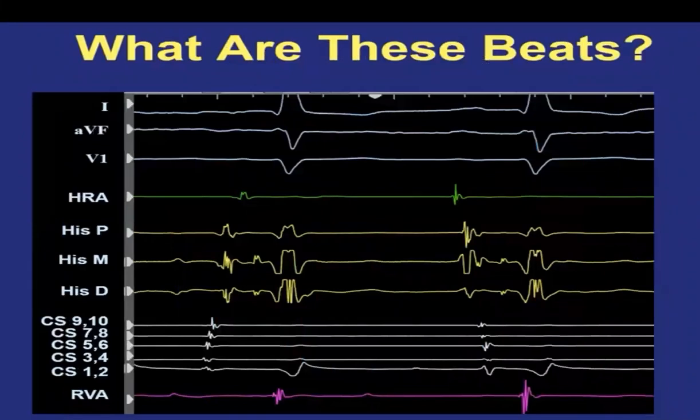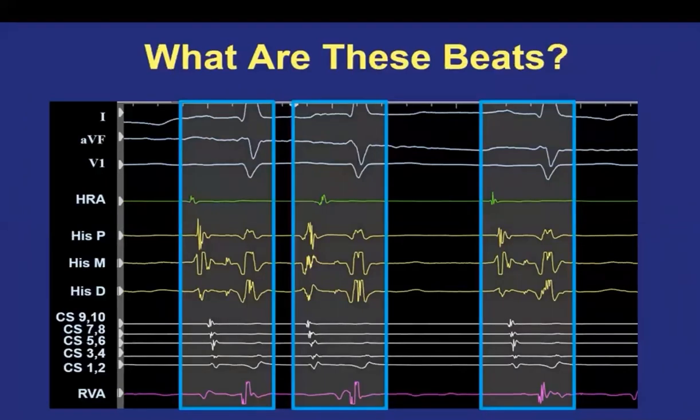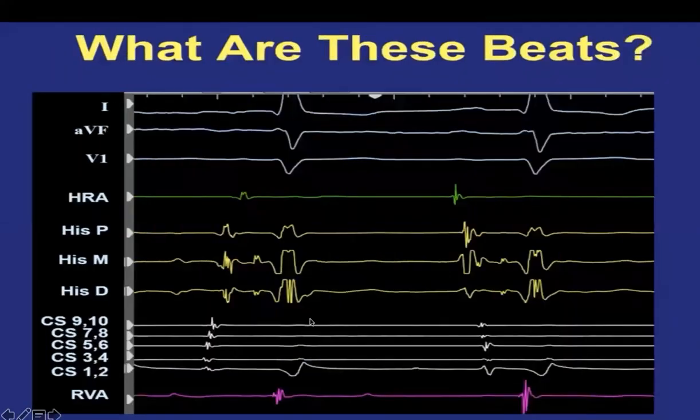And we know that the PAC can come from the right side or left side. For example, this one is not coming from the left side because the 1-2 is later than CS 9-10, which is the proximal one. So proximal is telling us that it is most likely right-sided, and the His was earliest, and we know that this is the area of the early activation.